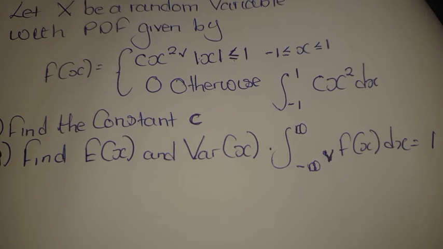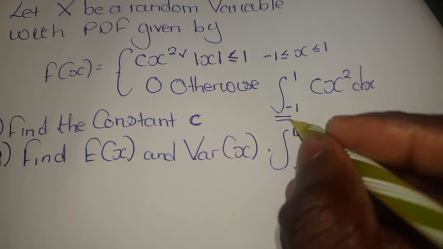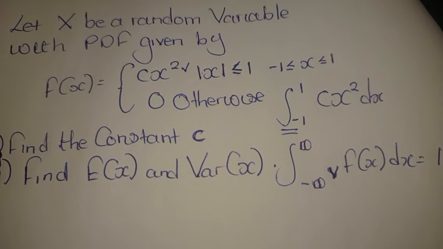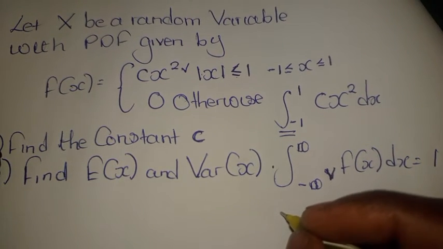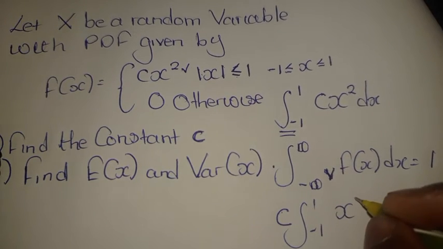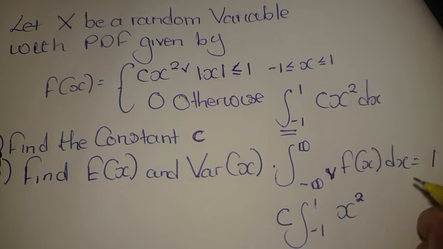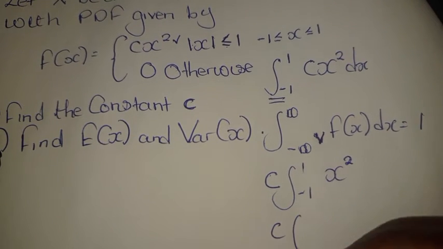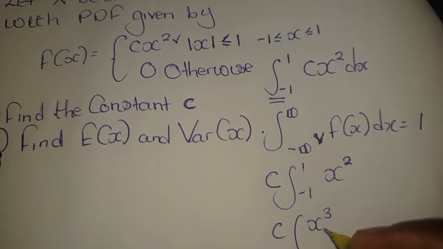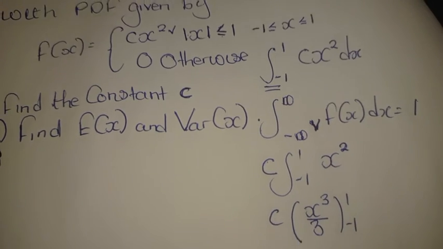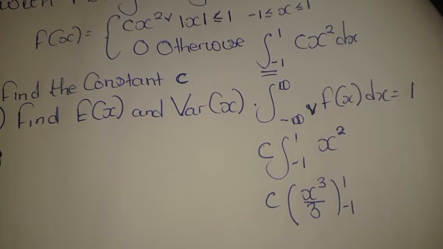So having done this, we know for sure that c is a constant which we can factorize outside the integral. So we have c, the integral from -1 to 1 of x squared, and if you integrate this, you will have x to the power 3 over 3, from -1 to 1. So that is what we are having.